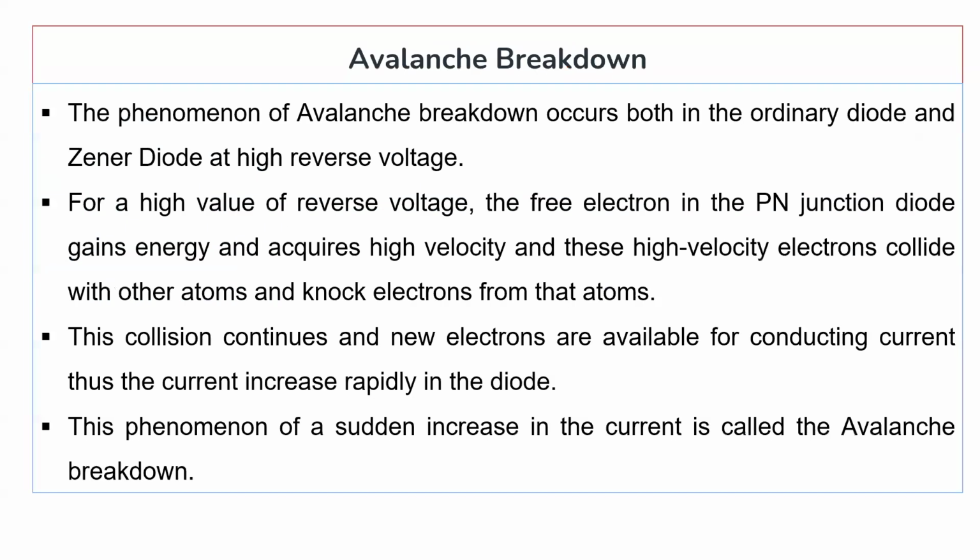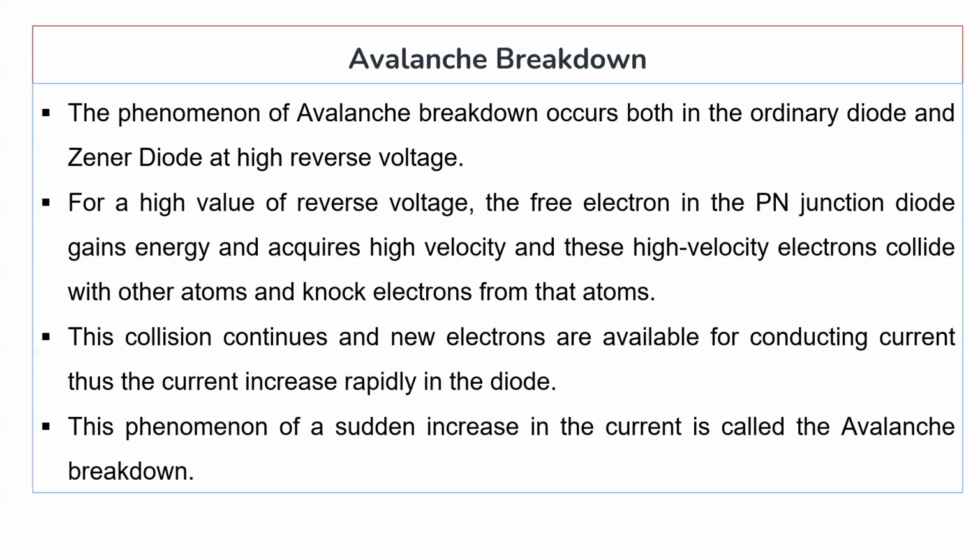So what is avalanche breakdown? When the PN junction diode is reverse biased, the thermally generated minority carriers constitute the flow of reverse saturation current through the diode. These carriers acquire energy from the applied potential and collide with the crystal ions present in the material. As a result, the covalent bonds are disturbed and new electron-hole pairs are generated.